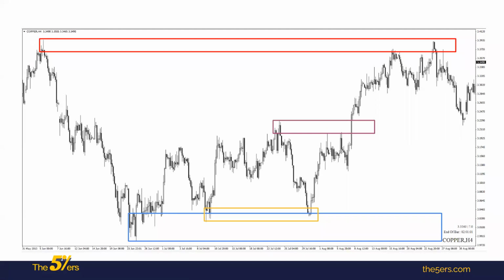Our work is only assumption, and we're using our best assessment to try to assess if that level is wired. The best thing for us to know is that if it's a fresh supply or demand, it has higher probability to work.